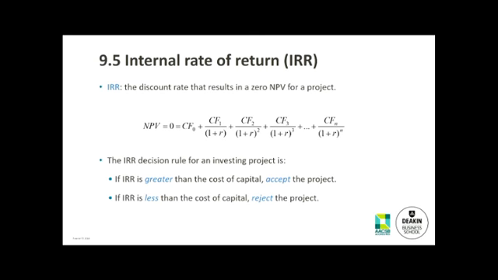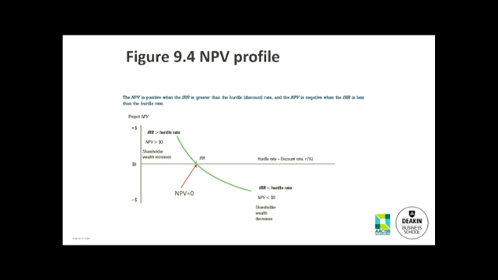Now, I even have better news for you. Internal rate of return, if you look at the graph here, horizontal axis is your discount rate. Vertical is your NPV. Internal rate of return gives you 0 NPV.